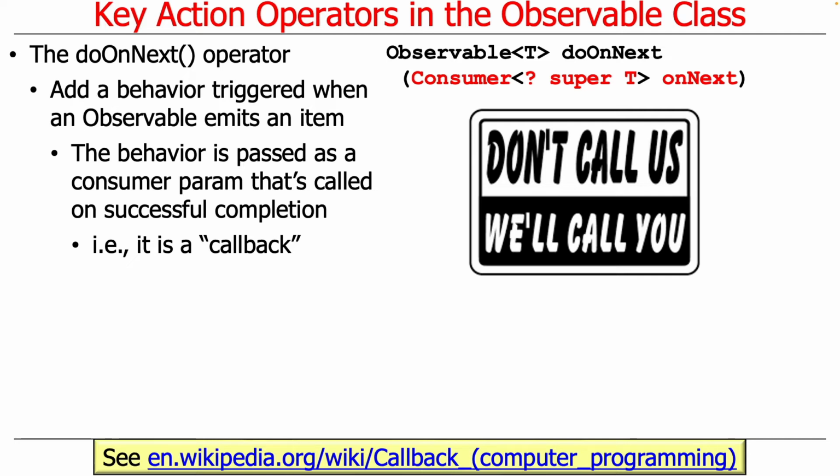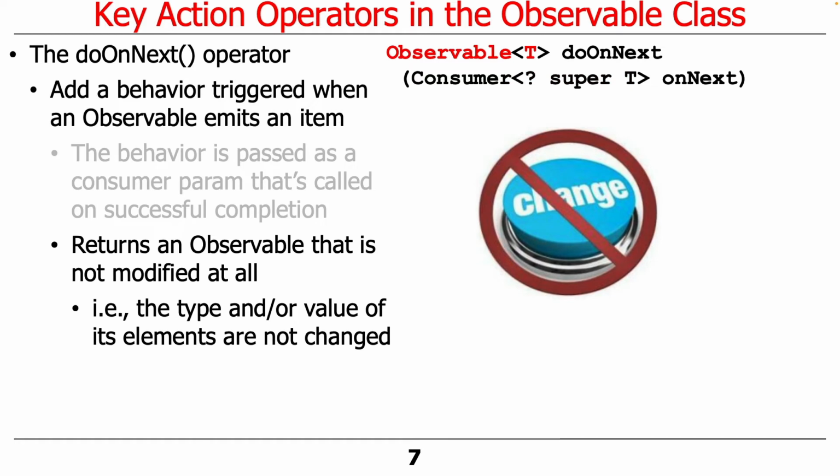Recall also there were different kinds of events that occur in reactive computing. There's onNext, there's on completion, and there's on error. onNext is what we're concerned with here. That's successful completion of an event. So doOnNext is a hook method or callback that's invoked when the onNext operator right above it in the stream finished successfully. doOnNext returns an observable that's not modified at all.